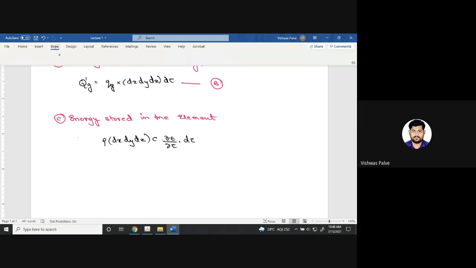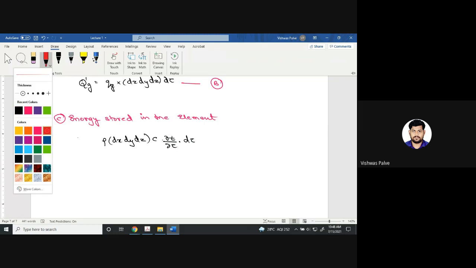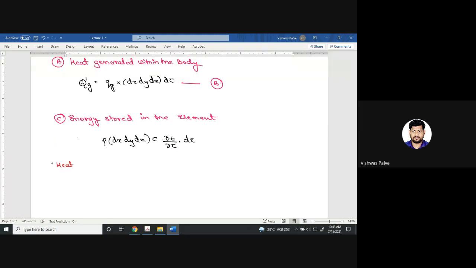Now, how we got this equation? It is nothing but, so heat stored is equal to mass of the body.